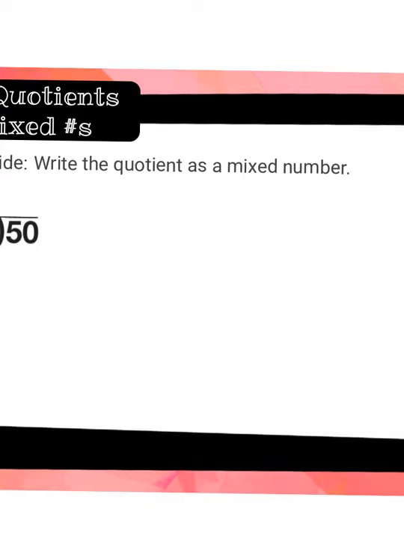Okay, 50 divided by 3. First, how many whole times can 3 go into 5? 1. And then I'm going to multiply. So 3 times 1 is 3. I subtract, and then I bring down. Now I'm dividing 3 into 20.